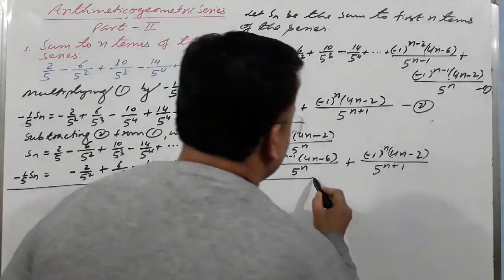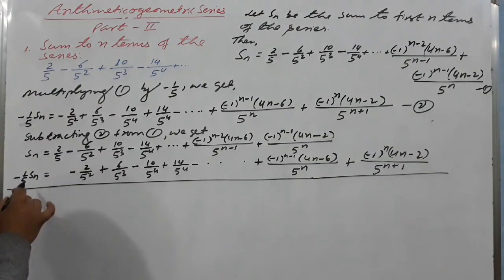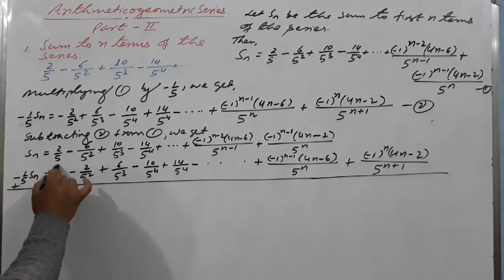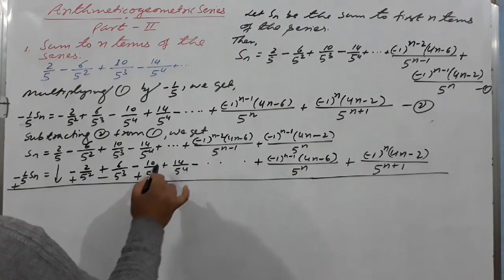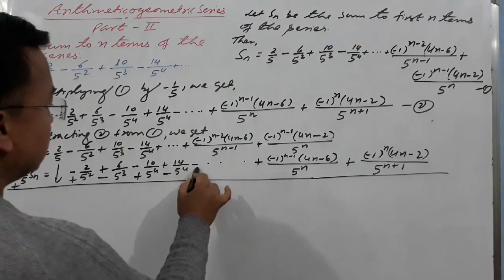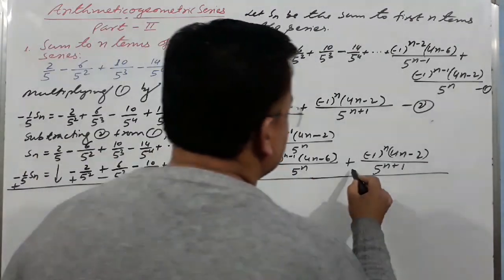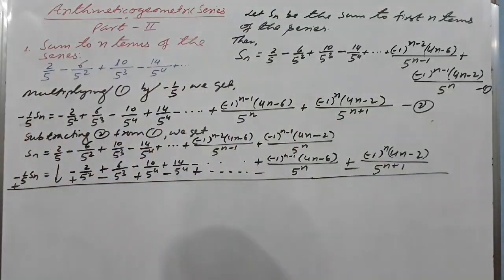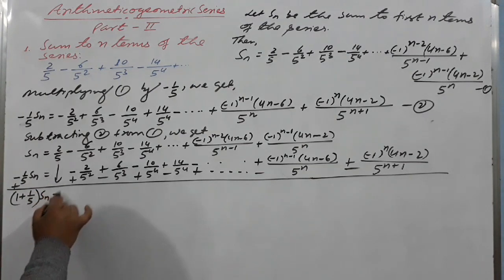I've written this to show you the subtraction, how we execute it here. Change the sign. This step will be the same. Plus, minus, plus becomes minus, minus becomes plus. Dot dot, negative, and it's going to be negative. Okay, 1 plus 1 upon 5 times Sn.